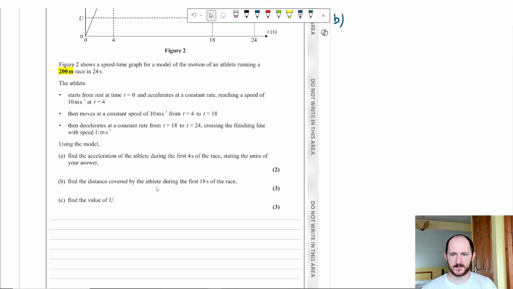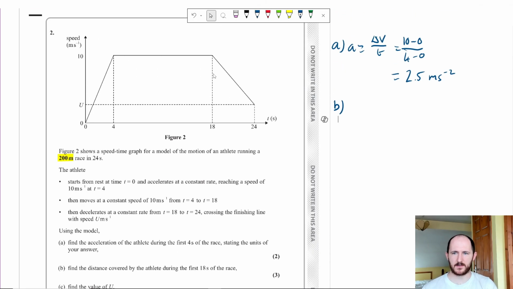Part B, find the distance covered by the athlete in the first 18 seconds of the race. Well, in a speed time graph, the area under the graph is going to give us the distance, but we're only going up to 18 seconds. So that shape there is actually a trapezium. Area of a trapezium is a plus b over 2 times height. a and b are the lengths of the opposing parallel sides.